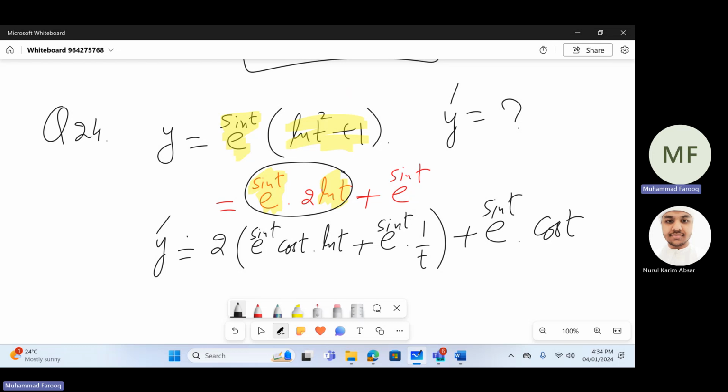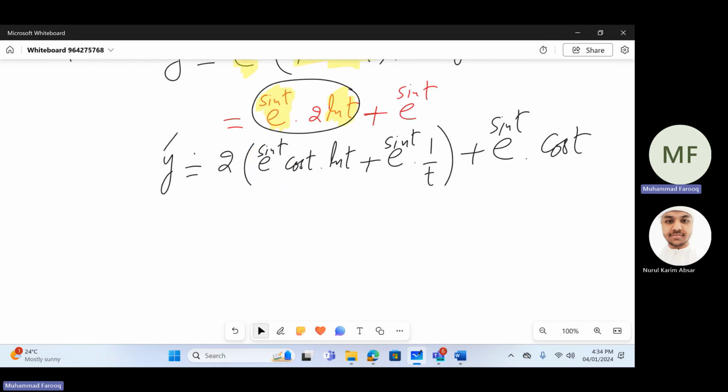You can simplify. Because 2 is constant, it's multiplying, like some factor. It's okay to take e power sin t as a common factor. For the purpose of simplification, you can take e power sin t as a common factor, but in that case you have to distribute 2 inside first, because 2 is not common there.